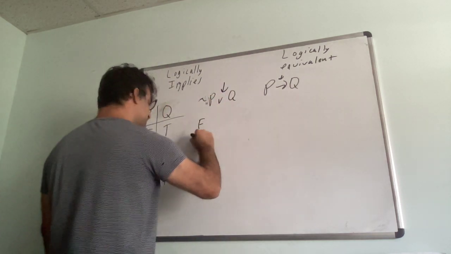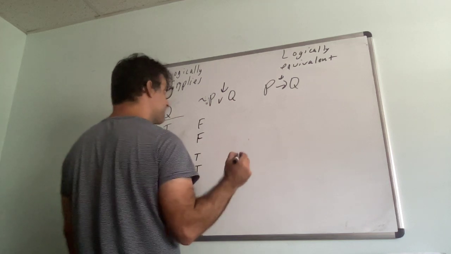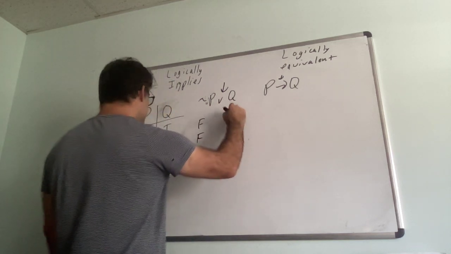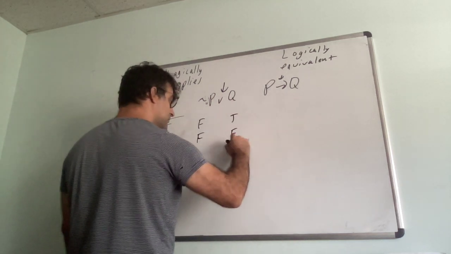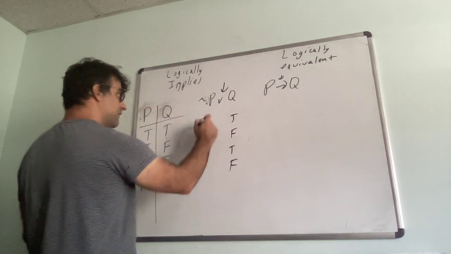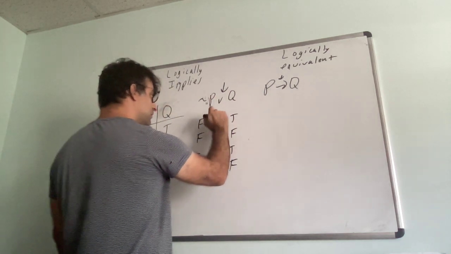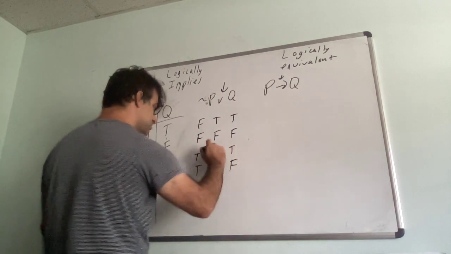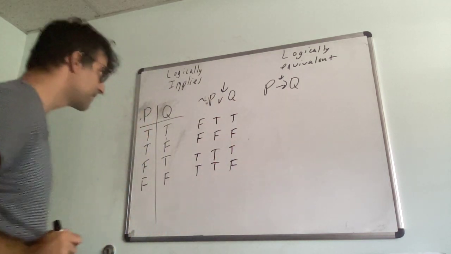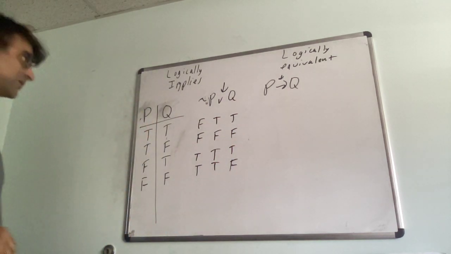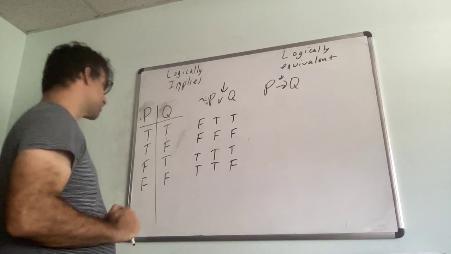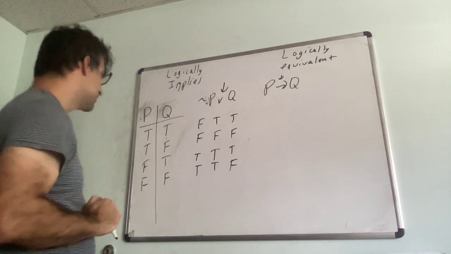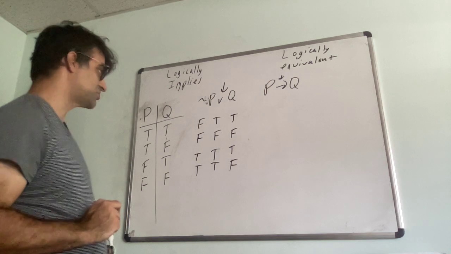And so we go false, false, true, true. Right, and so for this we get true, false, true, true. That's when either P is false or Q is true.